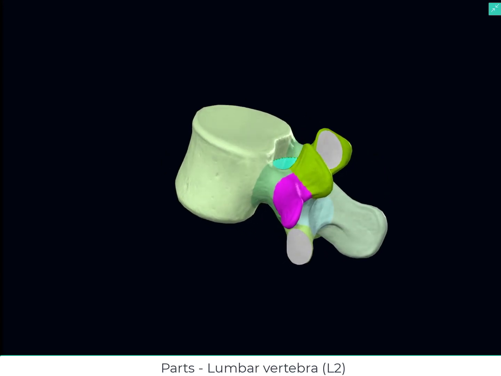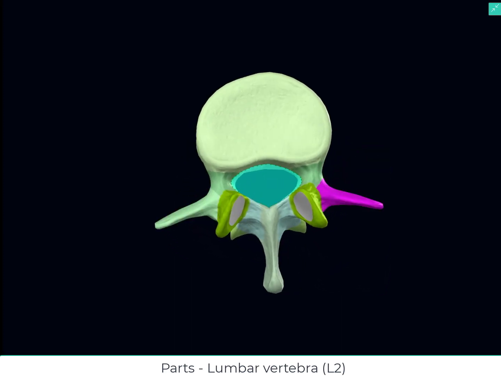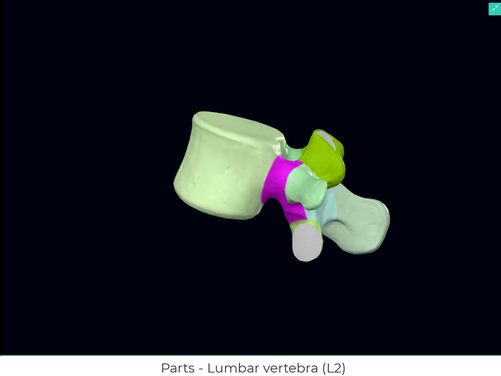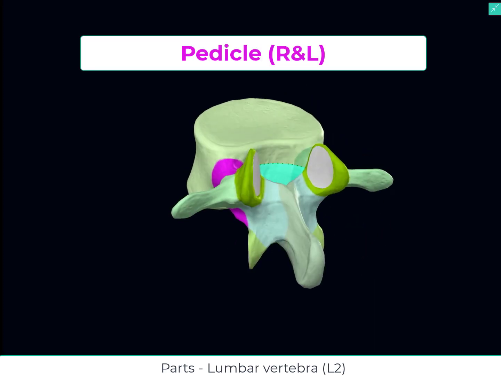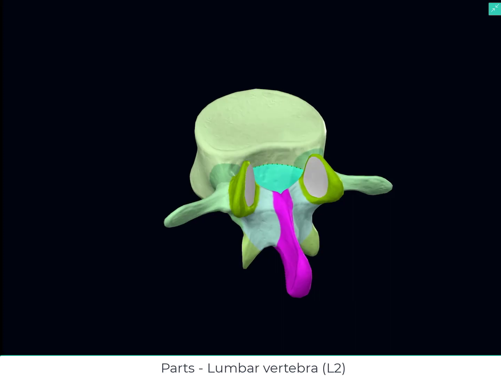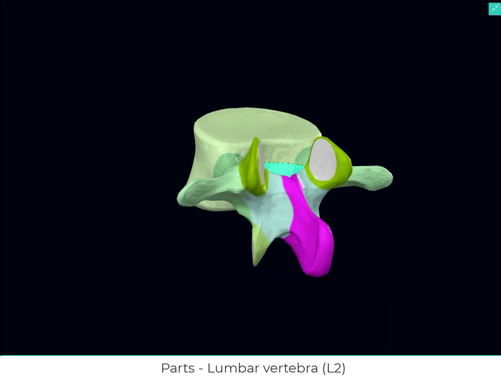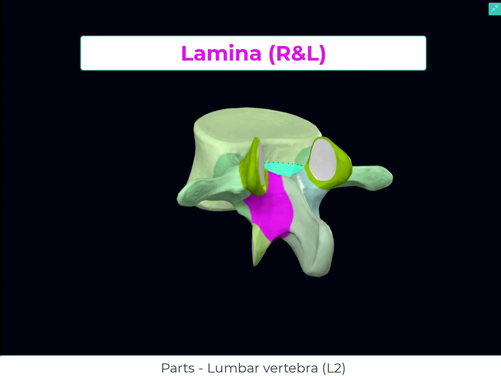And the bridge that connects the body to the transverse processes on both sides, that bridge we are going to call a pedicle. Posteriorly, we have a single process that we are going to call a spinous process, and the bridge that connects the transverse process to the spinous process, we are going to call a lamina.